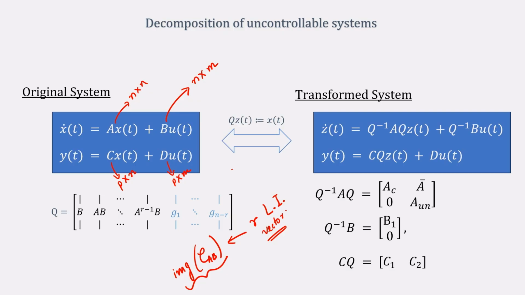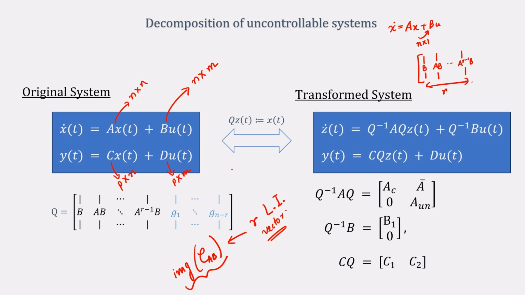In the SISO case, x dot equal to Ax plus Bu, B was an n cross 1 column vector. If the dimension came out to be R, we chose the first vector to be B, which is 1 column vector. Then we did AB, which gave another n cross 1 vector, and this way up to A to the power of R minus 1 B, we get R linearly independent vectors.